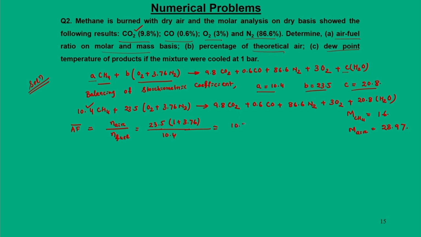This number is 10.75 kilomole air by kilomole fuel. Then once we know AF bar, we can find AF on mass basis, M air by M fuel, and this number would be AF bar into M air by M fuel. By putting this number we get 19.47 kg air by kg fuel.